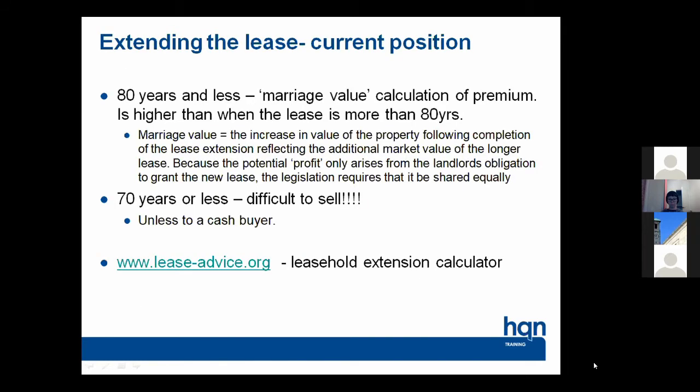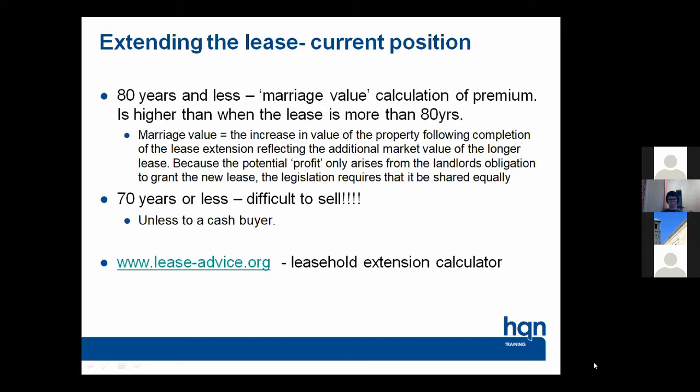When the number of years on a lease gets to 80 years or less, there is a particular calculation that's carried out that's called the marriage value, and it actually results in a higher value than had the lease extension been carried out at 81 years.